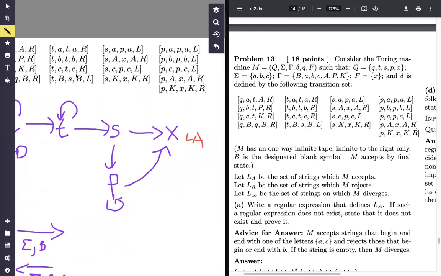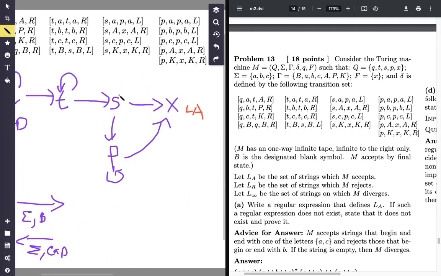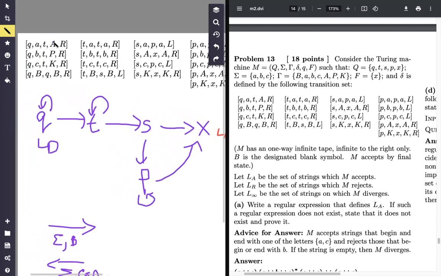S. So now we've entered S on a left, right? We've entered S on a left. And so now S needs to worry about anything in my alphabet and a capital letter and capital letters. So I see that there are 3 capital letters and it's only able to handle 2 of them.